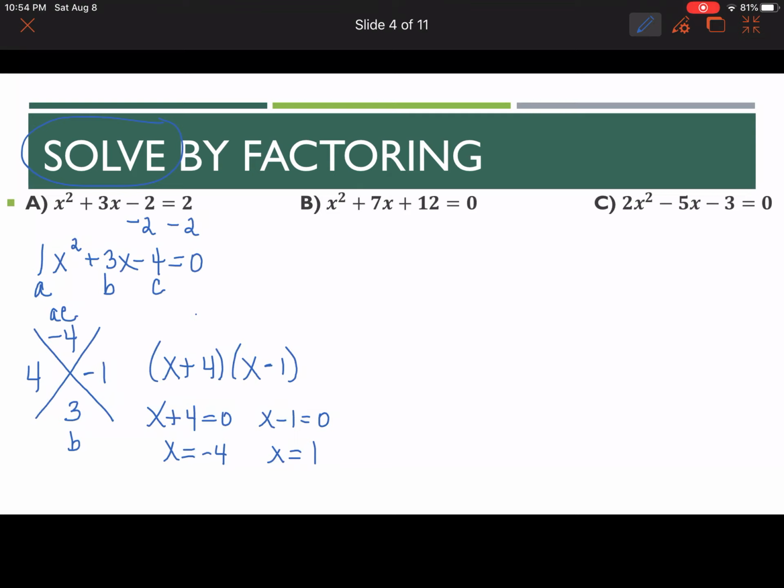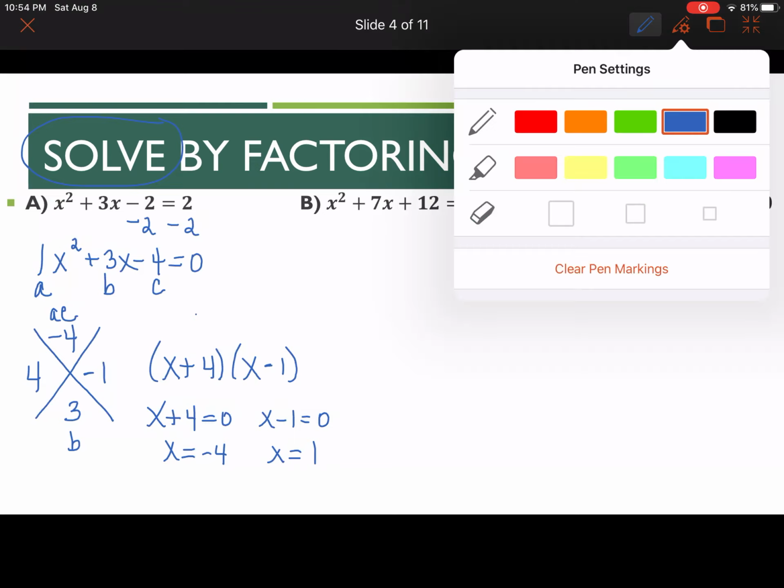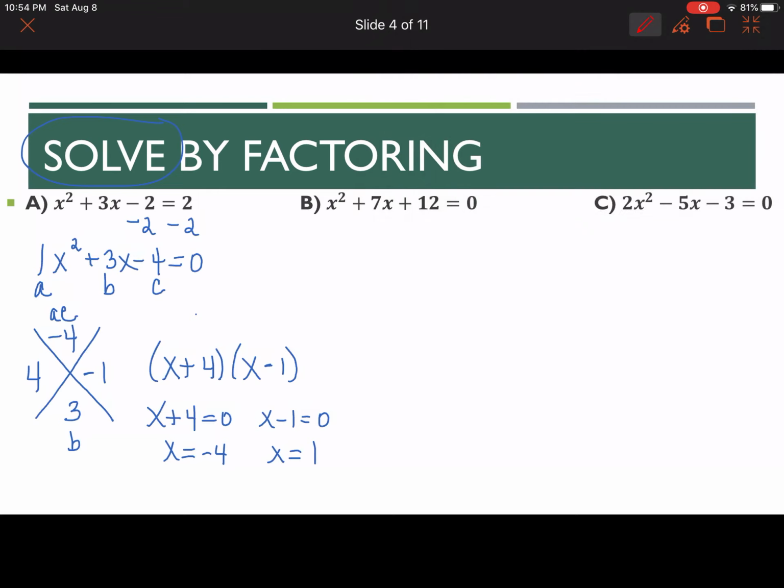Okay, now let's look at our second one. And also, I always encourage you at some points to pause the video, try to work it out on your own, just to see if you remember how to do it. Okay, so when we look at question B, question B has already been set equal to 0, so we don't need to subtract or add anything. Our A value is 1, B is 7, and C is 12.